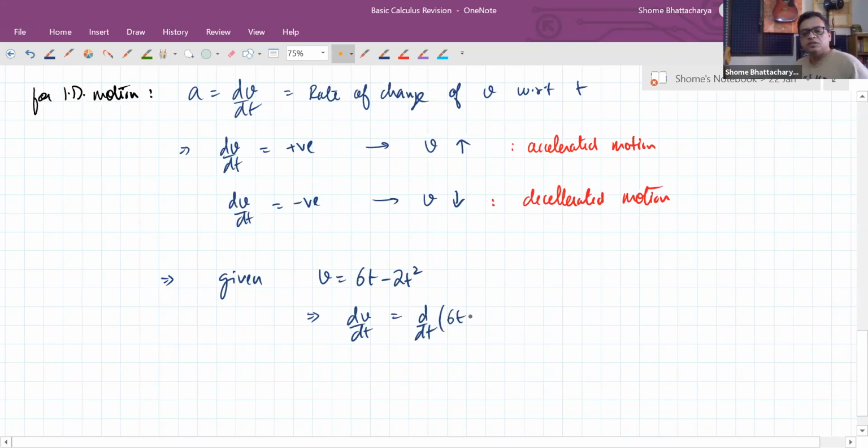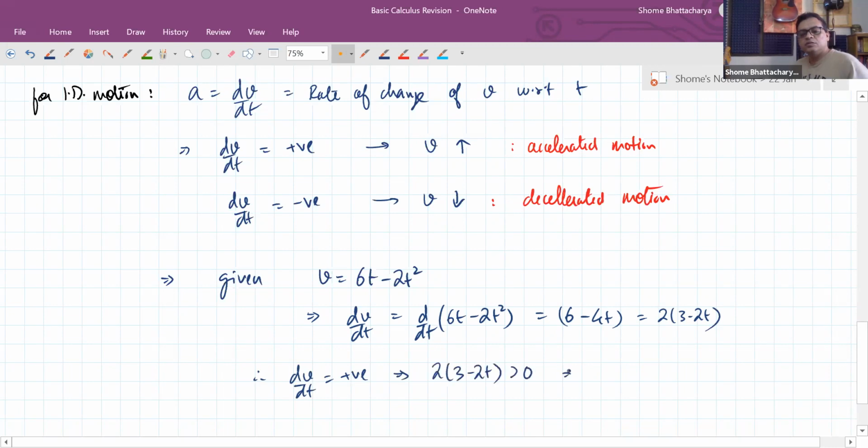Differentiation of 6t minus 2t square will just become 6 minus 4t, or we can write that as 3 minus 2t. So we can see that dv/dt is positive implies that this should be greater than 0. So that implies that time should be less than 3/2 seconds, or t should be between 0 to 1.5 seconds, for the dv/dt to be positive.